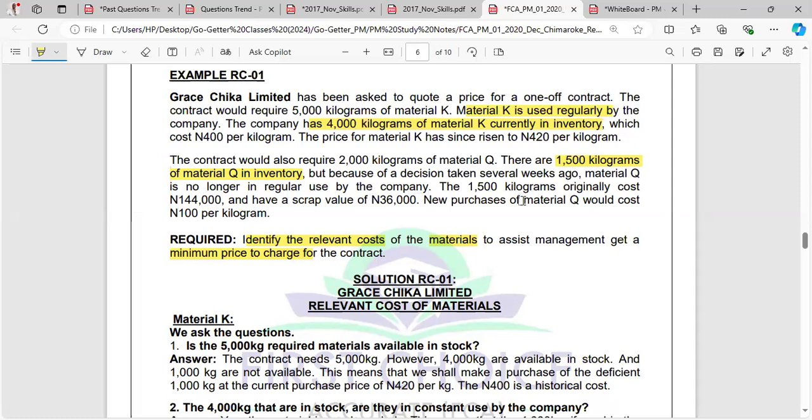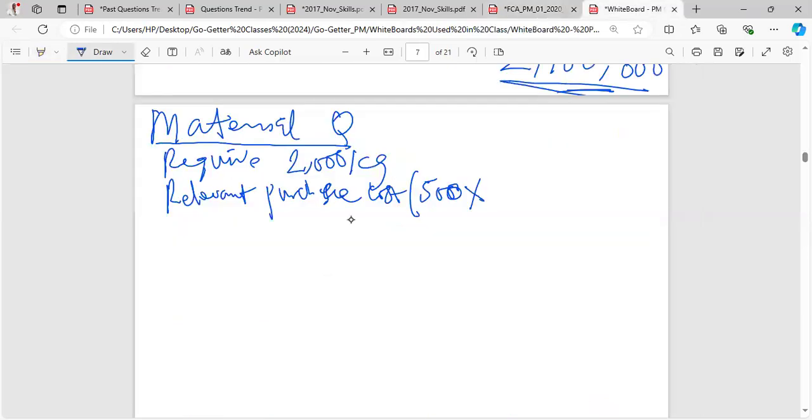New purchases is where we are interested now. New purchases of material Q would cost 100 naira per kilogram. So multiplied by 100, that will give us 50,000. So additional material Q will cost us 50,000.